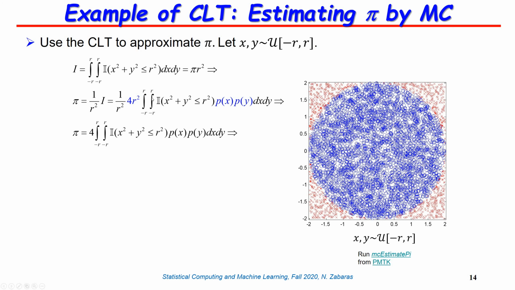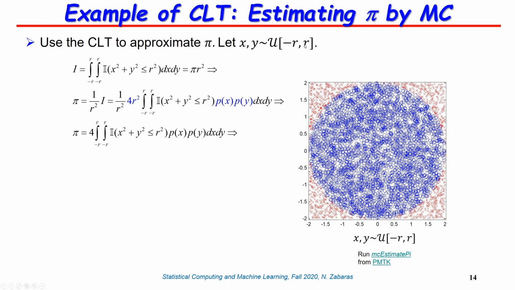Then you know what I do is I multiply outside, so pi then will be I over r squared, right? So rewriting the first equation, pi is I over r squared. So what I'm doing is I multiply outside the integral with 4 times r squared, and then I divide by 1 over 2r times 1 over 2r.